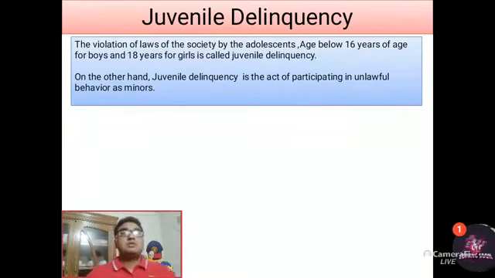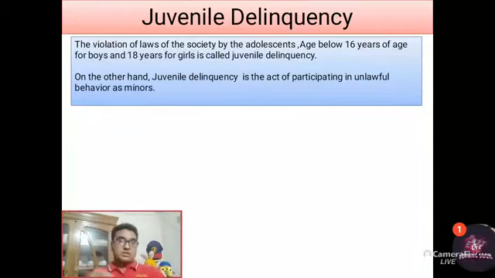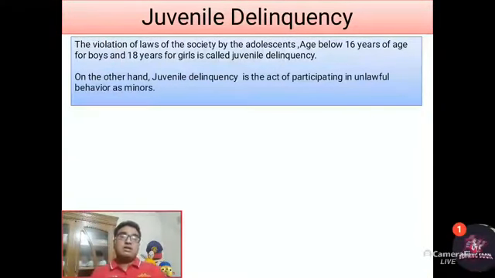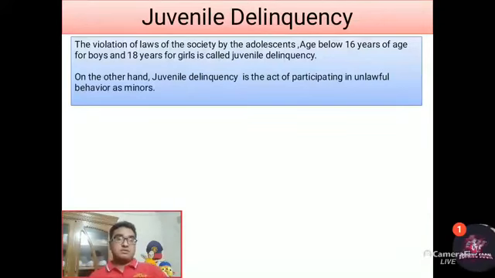On the other hand, juvenile delinquency is the act of participating in unlawful behavior as minors. So dear students, now I am going to give some examples of juvenile delinquency. Say for example, smoking, teasing, hijacking, gang cultures. All are examples of juvenile delinquency.